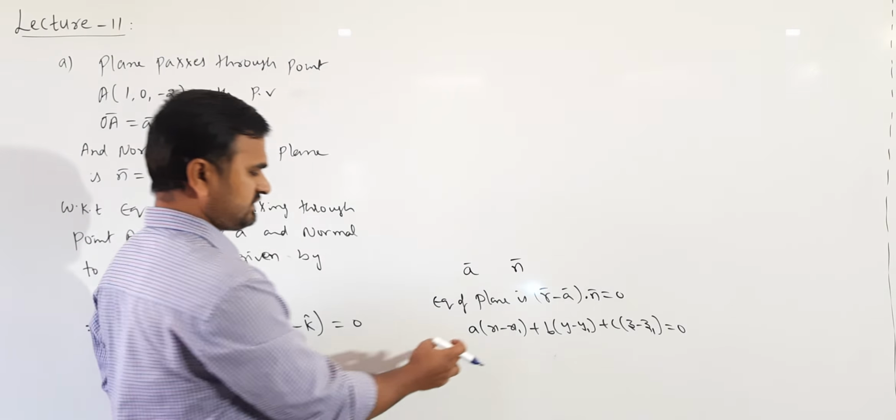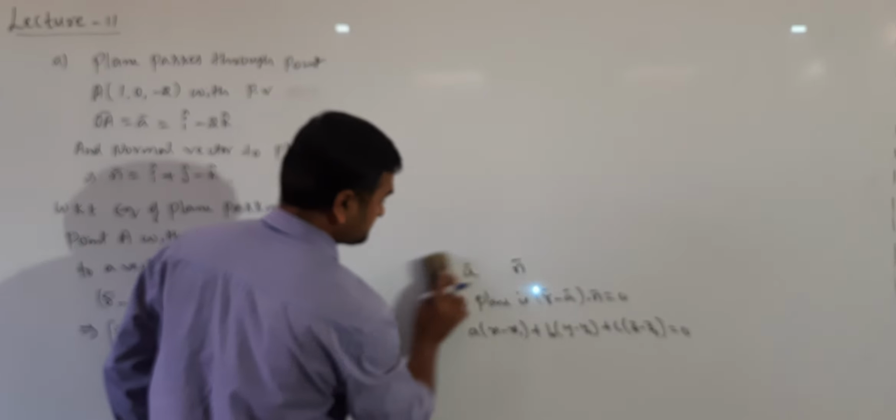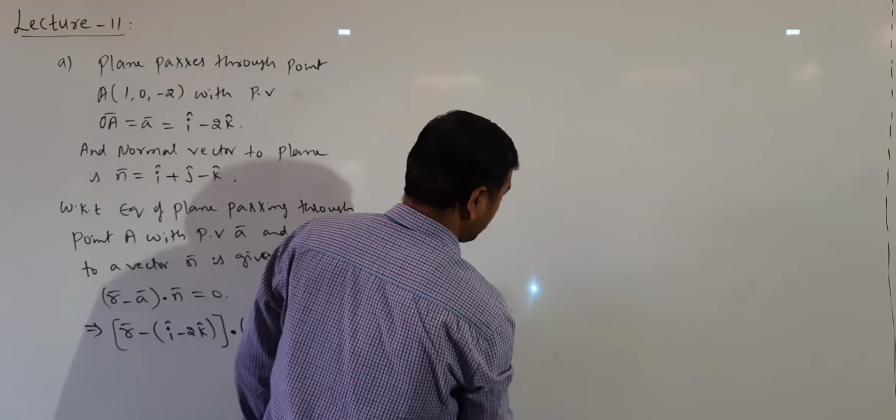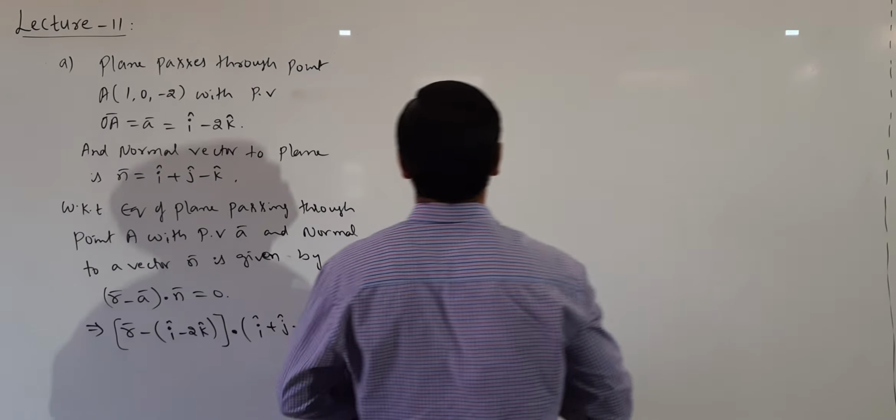Next, the Cartesian form: a into x minus x1 plus b into y minus y1 plus c into z minus z1 equal to 0.